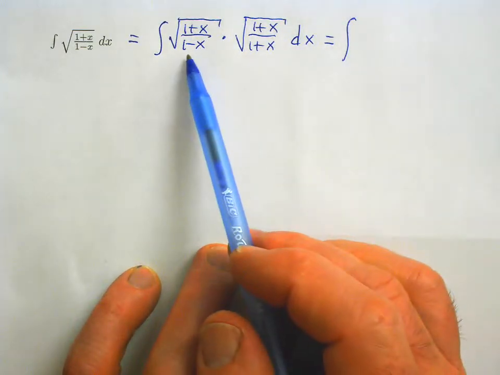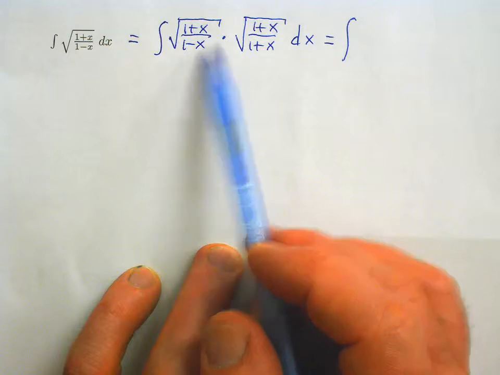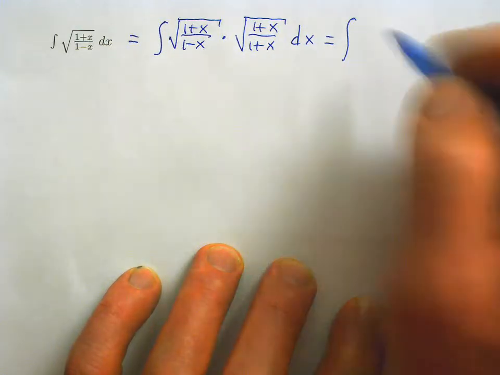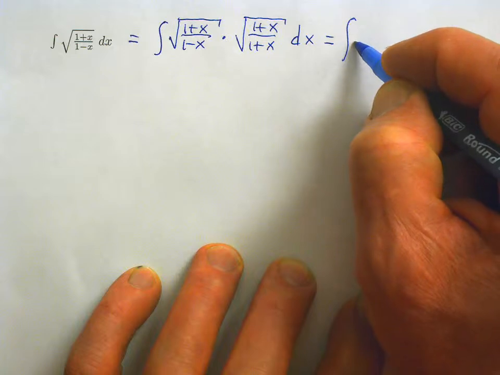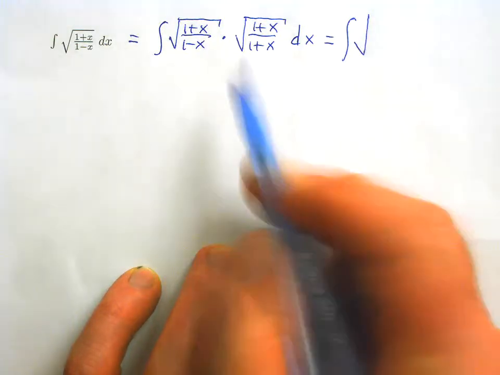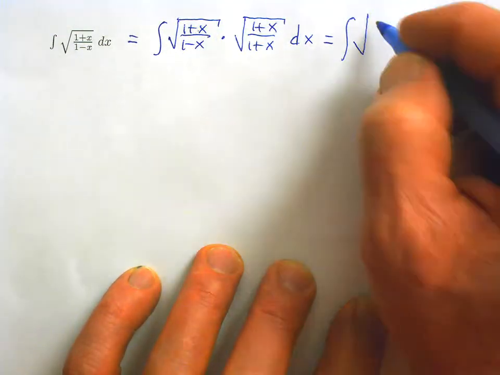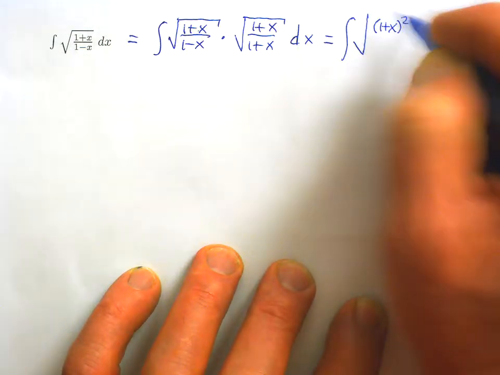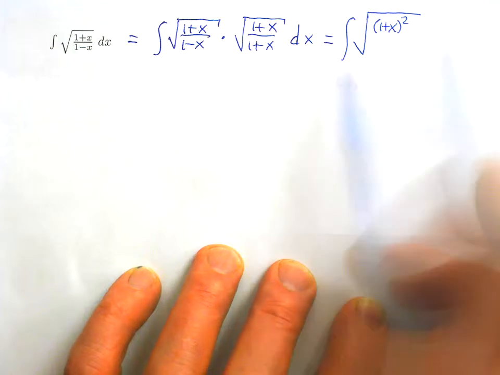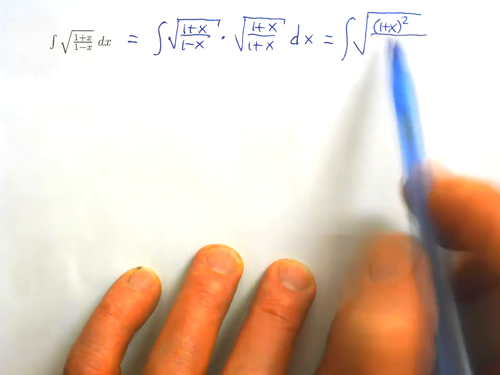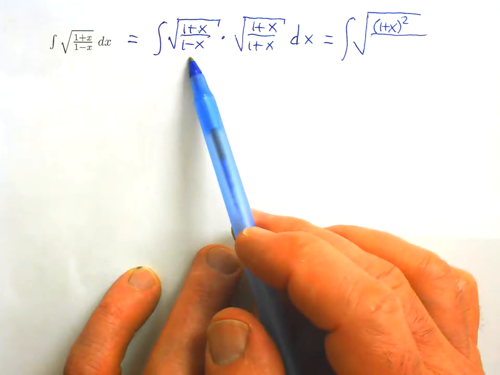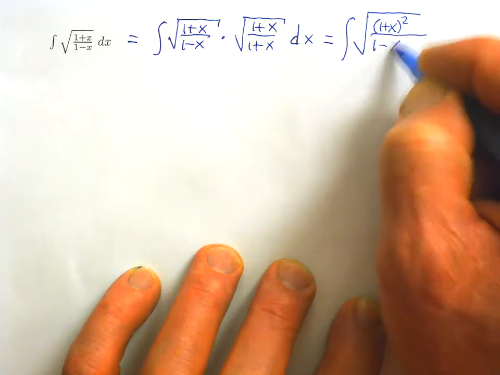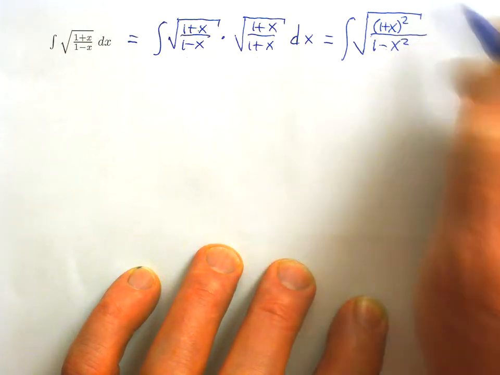Okay, so the square root of (1 plus x) over (1 minus x) times the square root of (1 plus x) over (1 plus x), this can be written as a single square root. So we multiply the two numerators, 1 plus x times 1 plus x, so we get (1 plus x) squared in the numerator. And then in the denominator of the square root, 1 minus x times 1 plus x, that works out to be 1 minus x squared, and then dx.